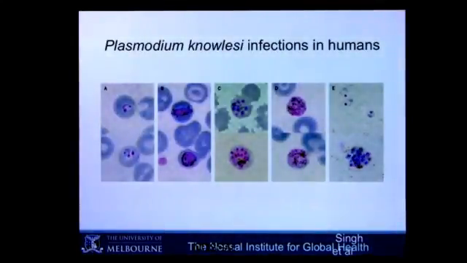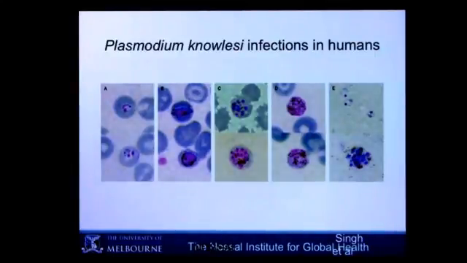Very interesting things get thrown up from time to time. In Malaysia, an astute parasitologist looked down the microscope and saw some funny-looking parasites. These parasites, for the experts, looked a little bit like falciparum, but not quite right, and there were funny forms they didn't quite understand.